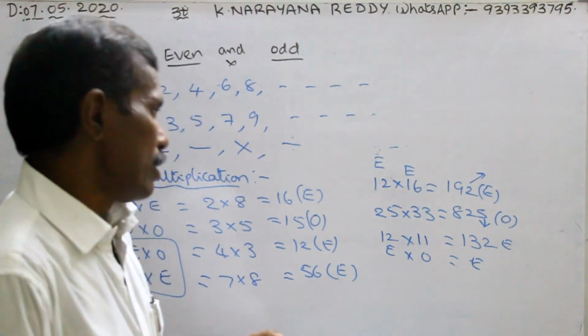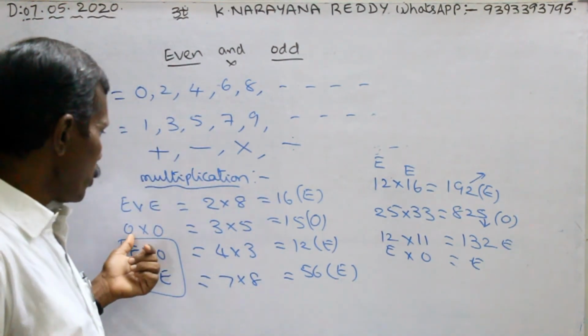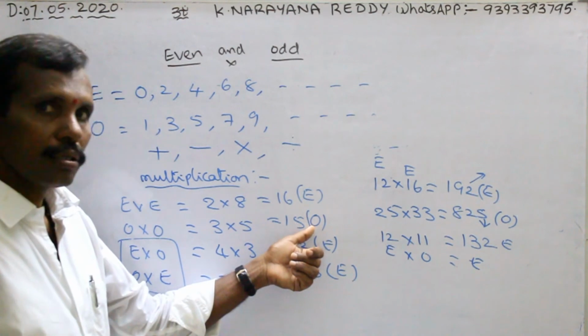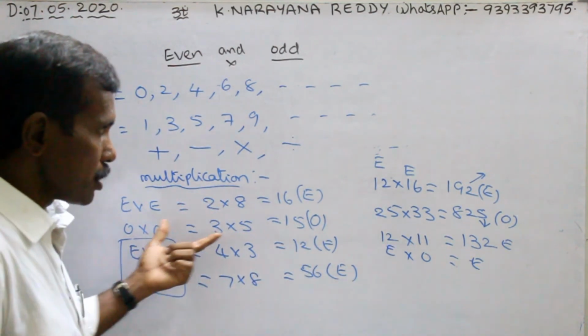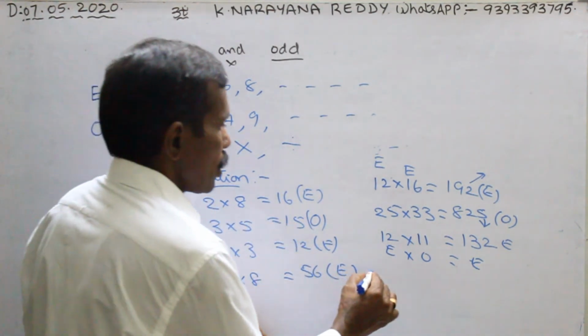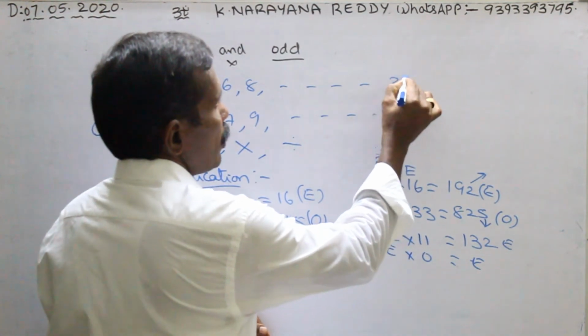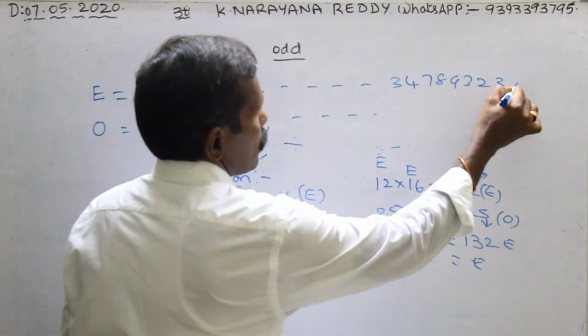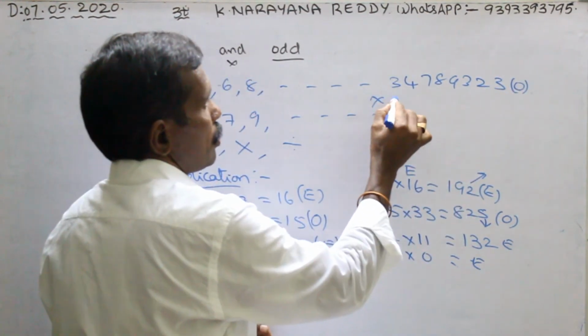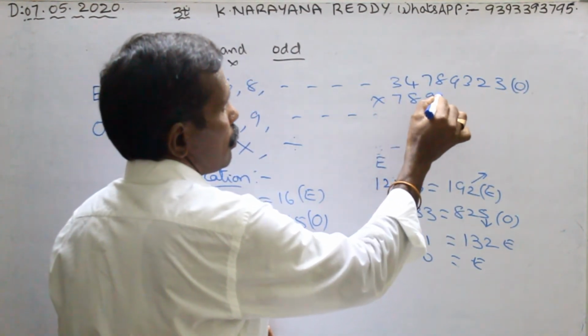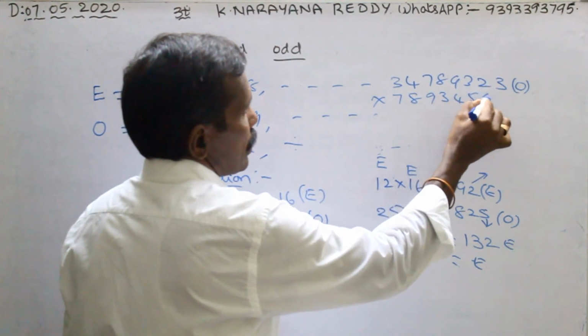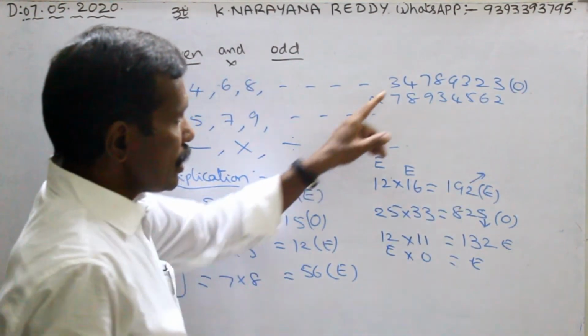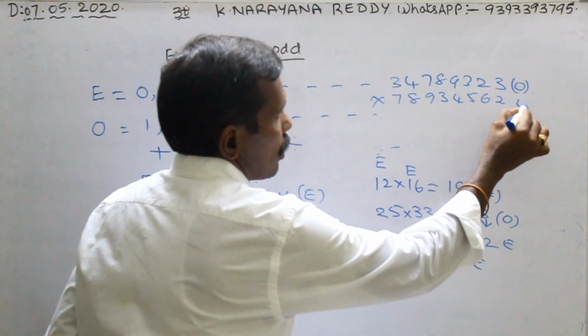Check this large number: 3478932 3, which is odd, multiplied by 78934562, which is even.